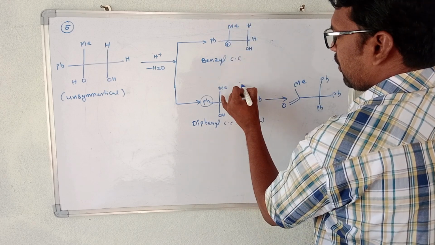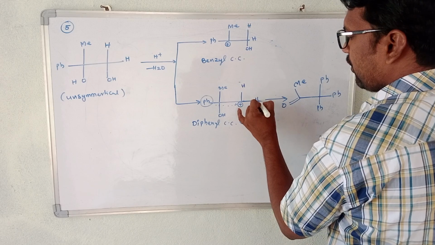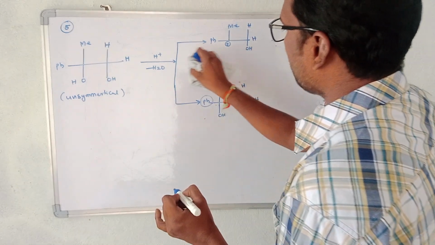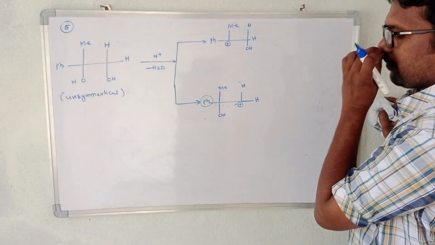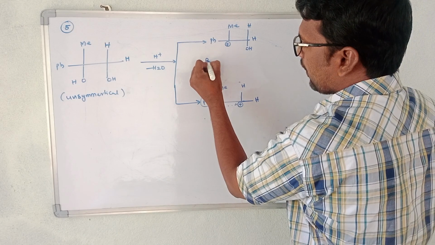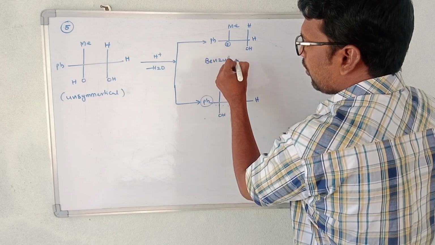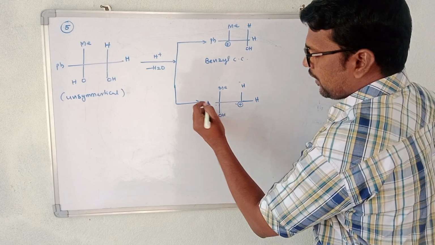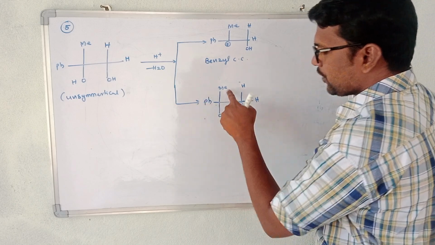Here also the same, hydrogen is present. Now we want to see which is possible. Again it is PhCH2Me, a benzyl carbocation. Now you see the groups present are the phenyl group and CH3OH.